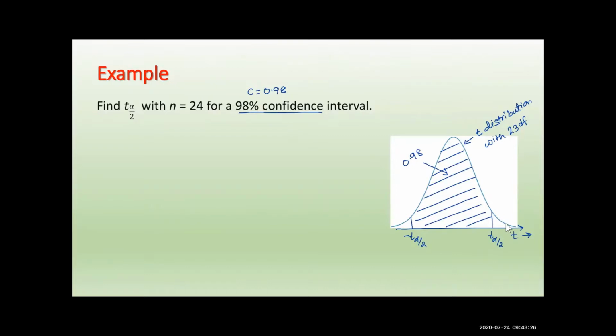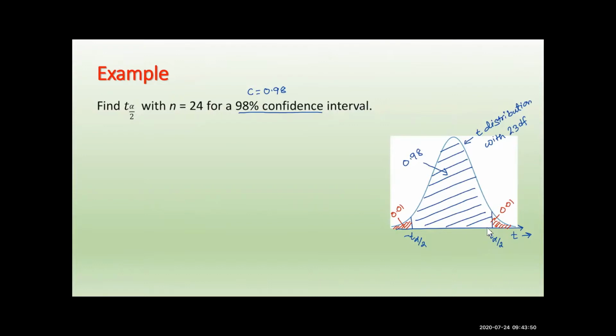Because you have 98% in the middle, the remaining 2% is divided into two parts here. So on each tail, you have 1% area. This area is 1% or 0.01. And this area is also 1% or 0.01.